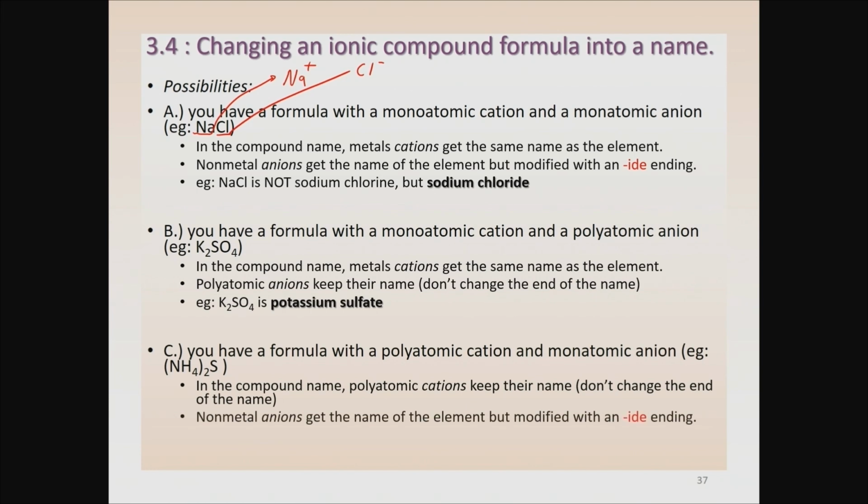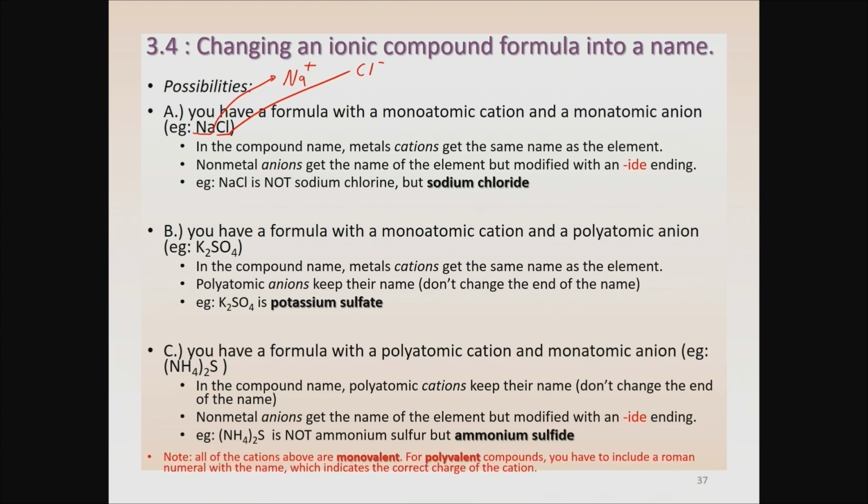And then you add to it the name of the anion. It's going to be the same as the element, but change it to an "ide" ending. And so there, (NH4)2S, you're going to name that as not so much ammonium sulfur, but you have to remember that there, the anion, you have to change the sulfur to an "ide", so it's going to be ammonium sulfide.